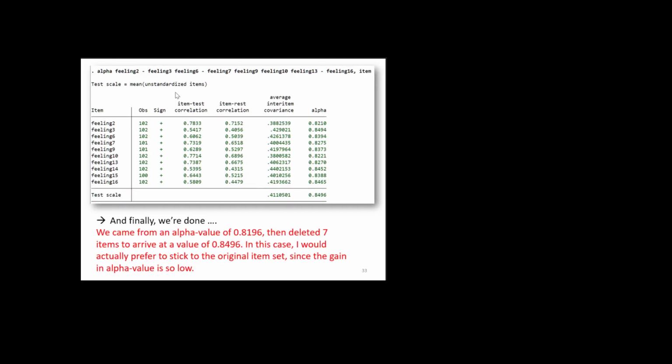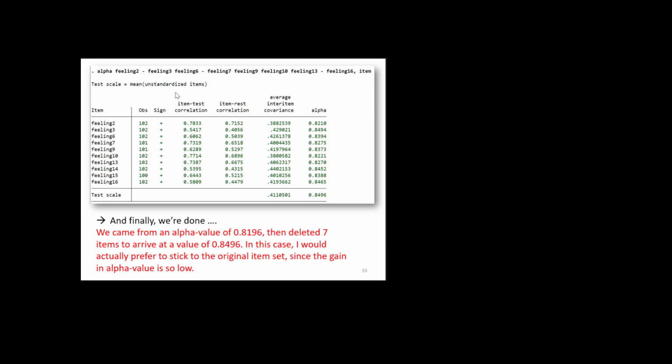And now we're done. So it's the same scale, and if you deleted 2 items at one time, it was fine; there were no items that you could delete such that the alpha would be higher. But if you do it one by one, then we could continue this process until we deleted 7 items. And now the alpha is actually the same, also 0.85.